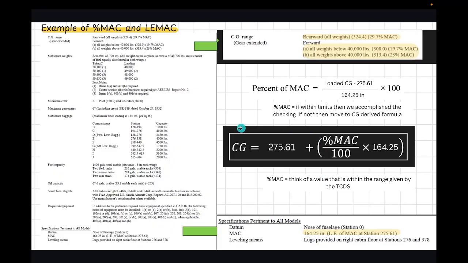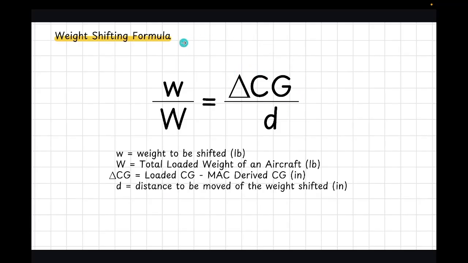We derived this because we subtract the loaded CG from it to get the delta CG for our weight shifting formula. And d equals the distance the shifted weight is to be moved. For this, later we will also check the TCDS for where we can move the weight we choose to shift.